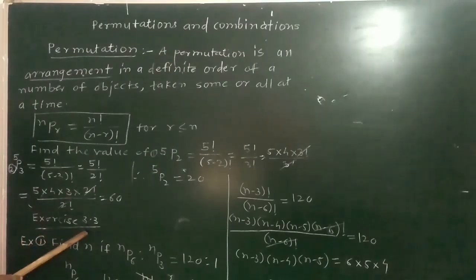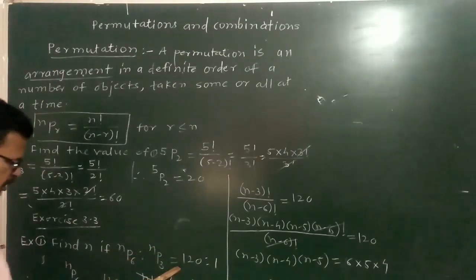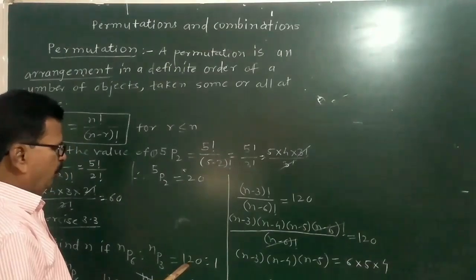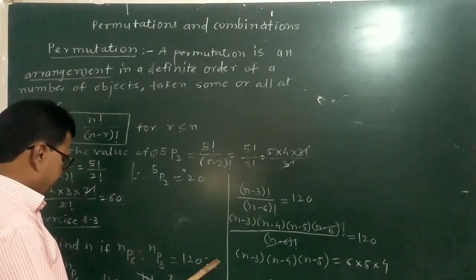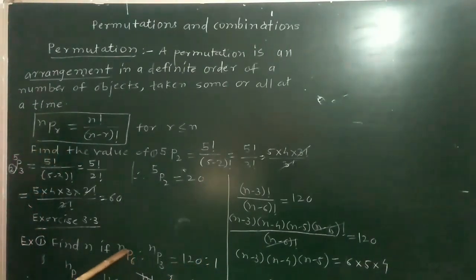Then exercise 3.3, example number 1. Find n if nP6 : nP3 is equal to 120 : 1. Here ':' means divided by. nP6 divided by nP3 is equal to 120 upon 1.